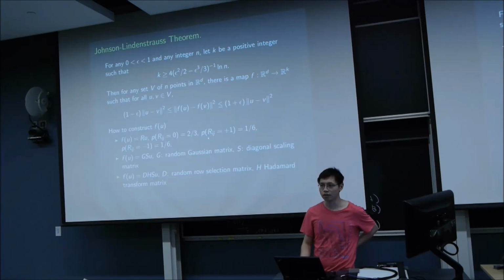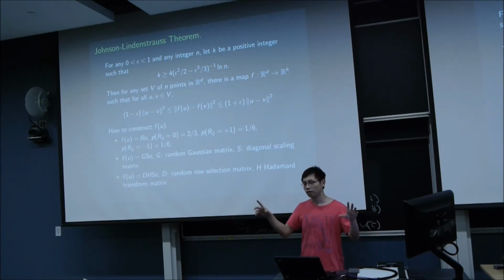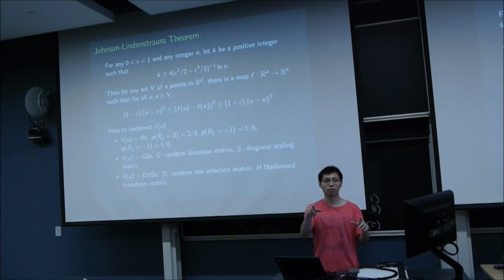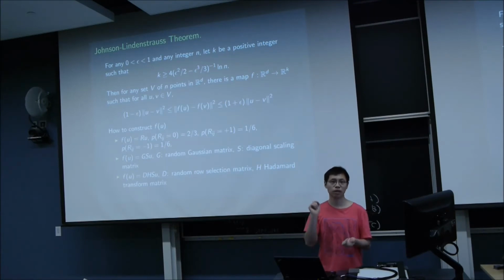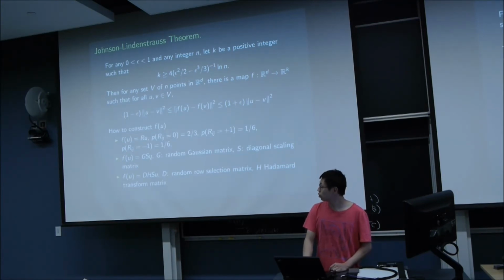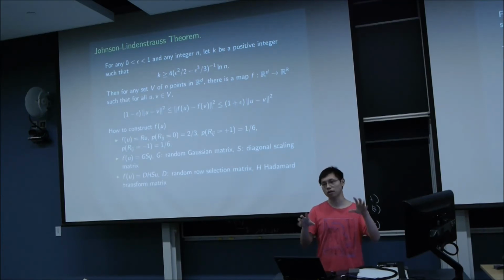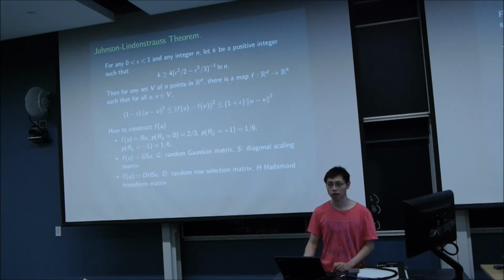And also the next, -1 with probability 1/6. You just have a matrix: you randomly pick some entries and place 1, randomly pick some and place -1, and the rest are 0. So it's a very simple matrix. The second is G times S times U. S is a scaling matrix, a diagonal matrix, to scale things properly.